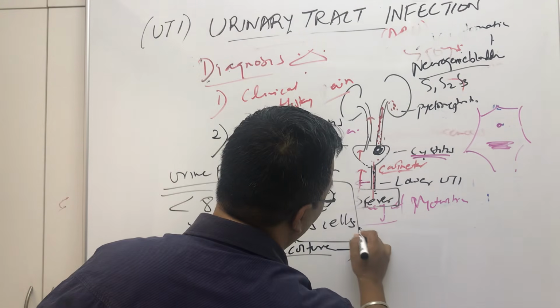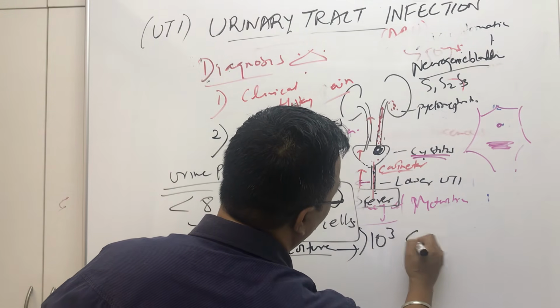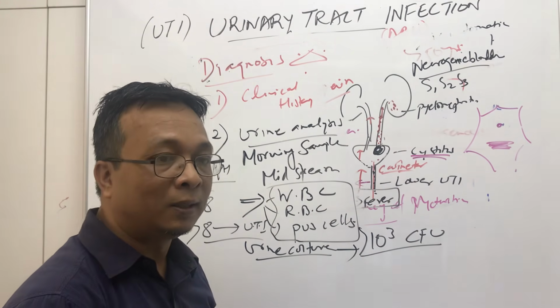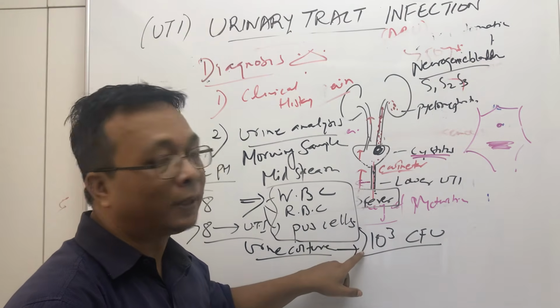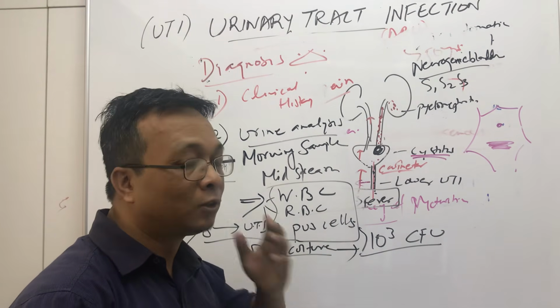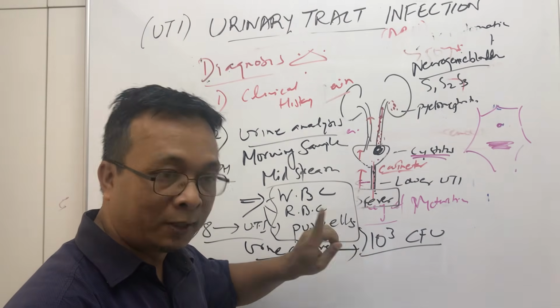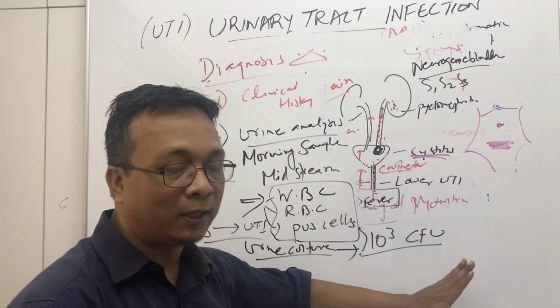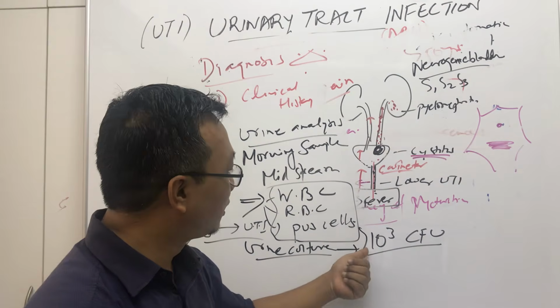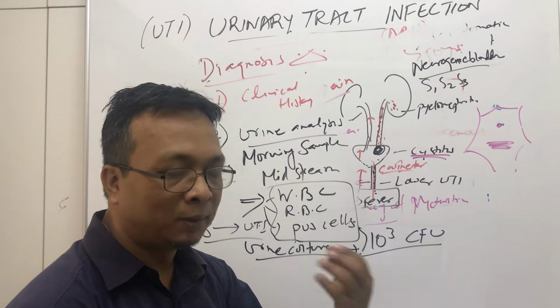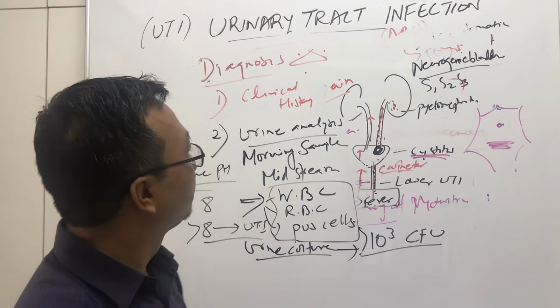More than 10 to the power 3 colony forming units of bacteria present in the urine suggests UTI, because normally there are bacteria present in the urine, and that is not UTI. Okay, but when you see more than 10 to the power 3, that is suggesting UTI. And as the UTI progresses, it is 10 to the power 5, 10 to the power 6, meaning the urine bacteria will increase more and more, right?